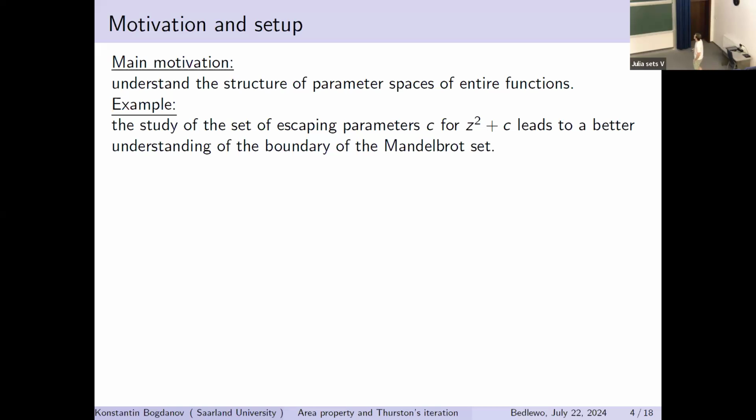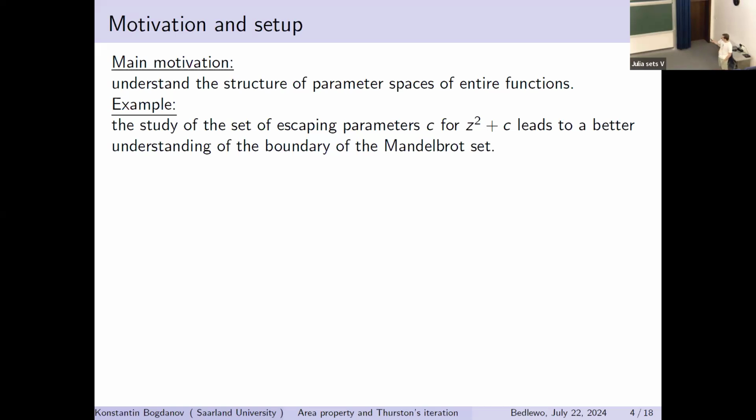The main motivation for studying this Thurston iteration with an infinite set of marked points is that we want to understand the parameter space and the spaces near the escaping parameters.